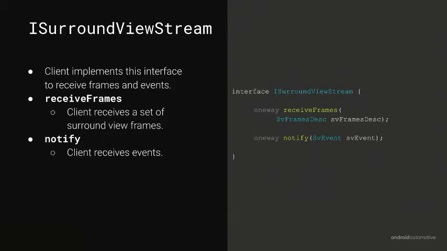Frames are basically described by the SV frames descriptor, which describes what that frame has, which view ID it comes from, which we will explore in detail further. And the notify method will give events such as timeout events or hardware failures. And this is again very similar to how the streaming of a camera frame works.